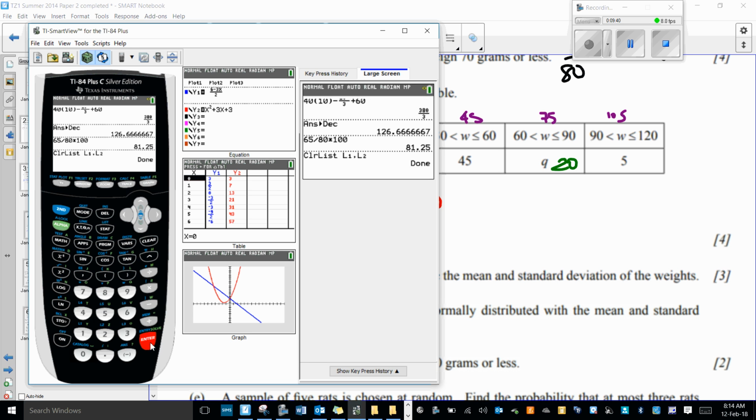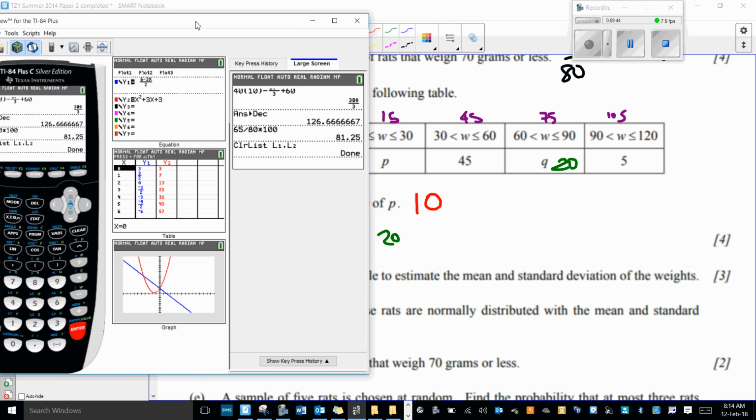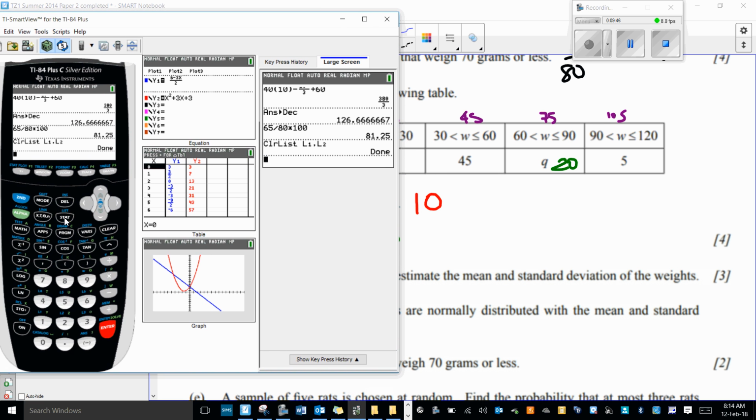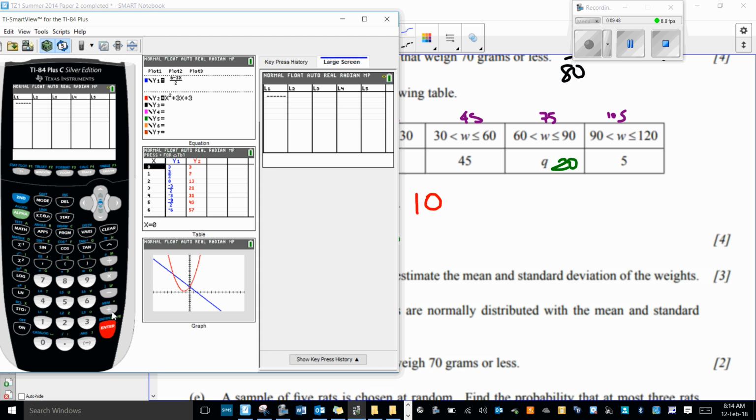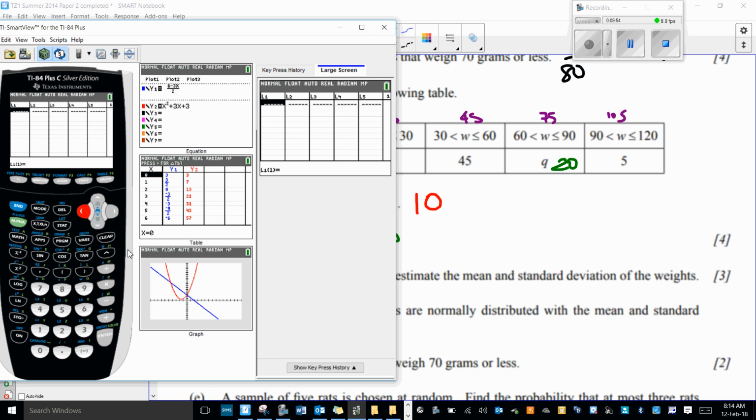Alright, so when we're using stat edit in our first list, we're going to put our midpoints. That's 15, 45, 75, 105.